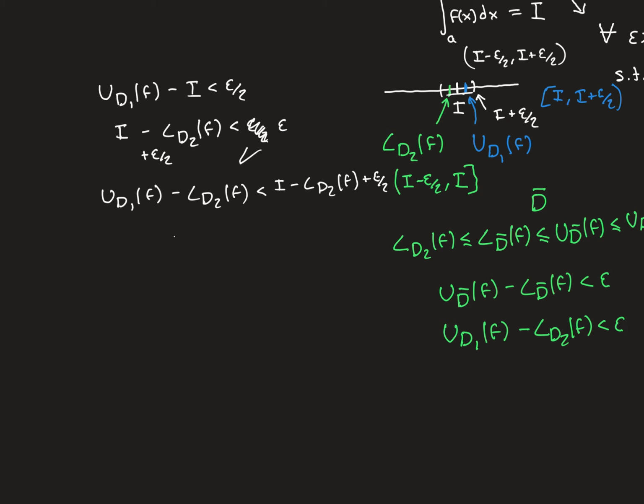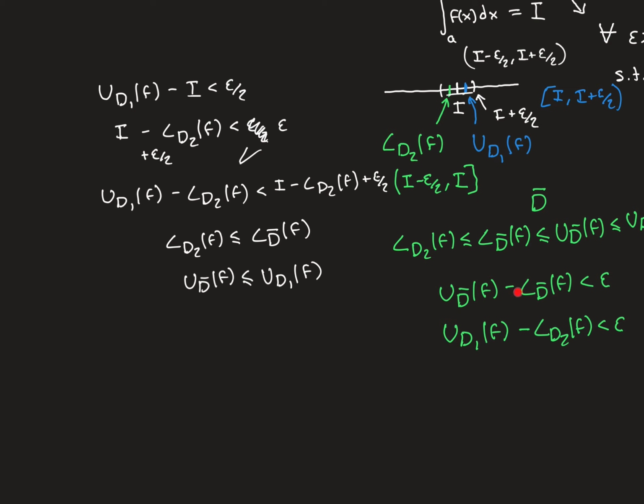So we know that the lower Riemann sum over d2 of f is less than or equal to the lower Riemann sum over d bar of f, and the upper Riemann sum over d bar of f is less than or equal to the upper Riemann sum over d1 of f. Now, we want something of this form here, so I'm actually going to take this inequality.